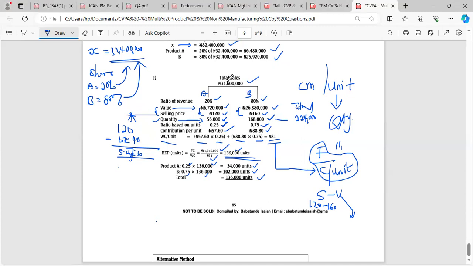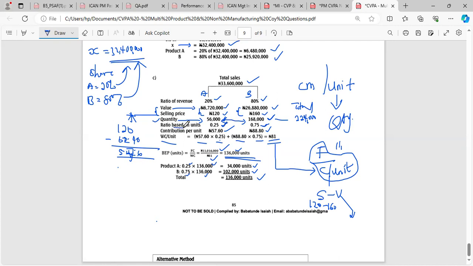So I had to convert my total sales and work back to quantity. How many units did I sell that combined gave me 33,600? That was when I applied the ratio of revenue to give me revenue for the two products. Then I applied my sales price according to the question and divided, and I got the actual quantity that I sold.